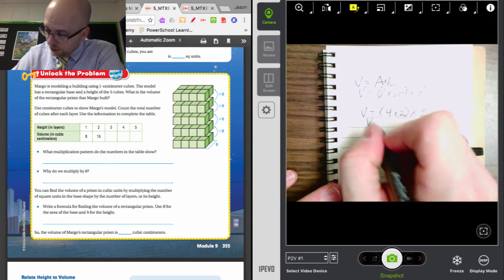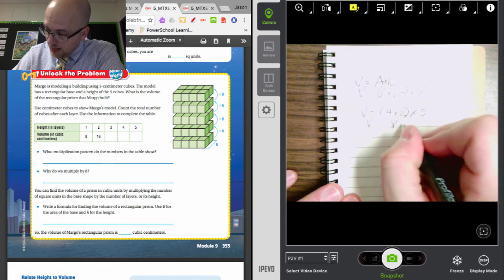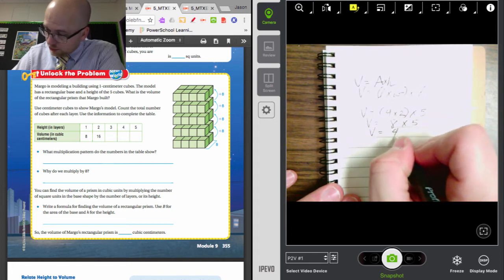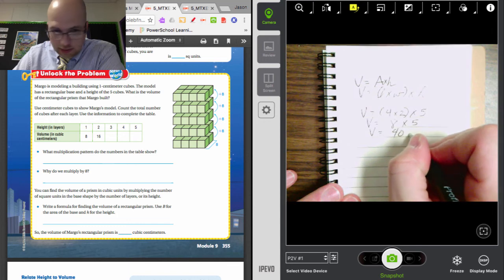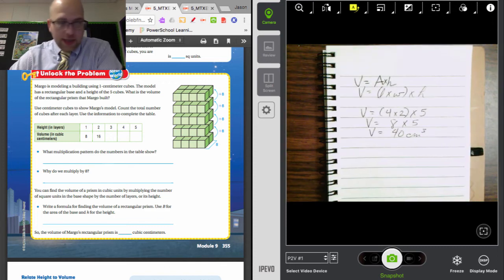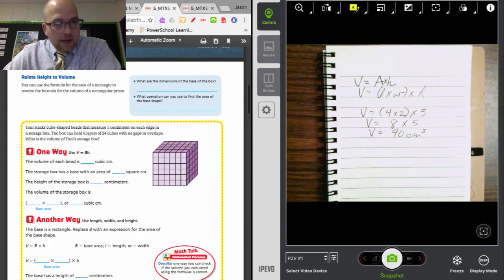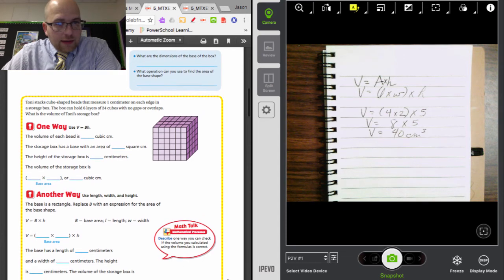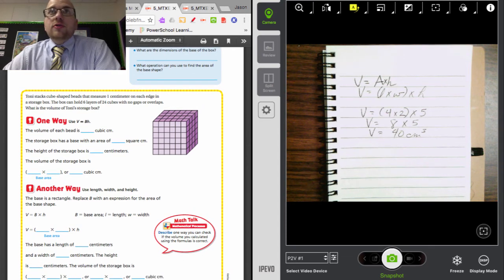Okay, so the volume equals 8 times 5, and that means that the volume equals 40. There's centimeter cubes, so centimeters cubed with a 3. We can relate the area to the volume just by multiplying the height times the area.